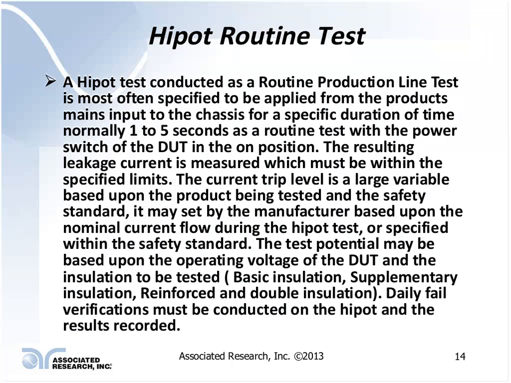So production time is one of our most valuable things out in the production environment. How can we get the product out the door in the least amount of time possible? So, one of the things they do is reduce the time that this test actually takes. A normal routine production line Hipot test is normally conducted somewhere between a 1 to 5 second period.